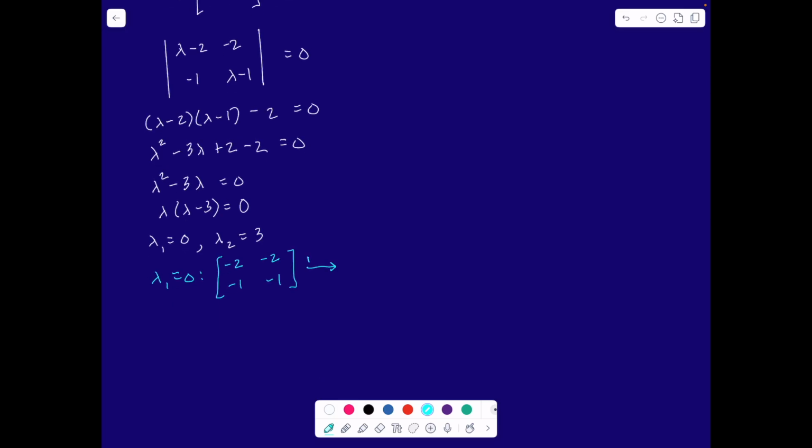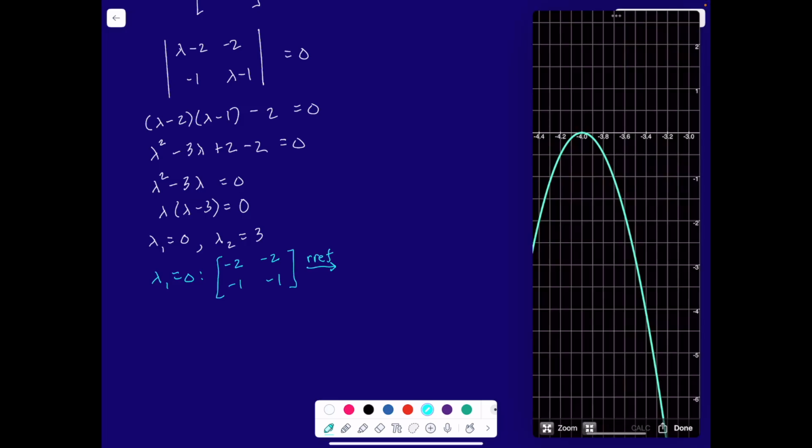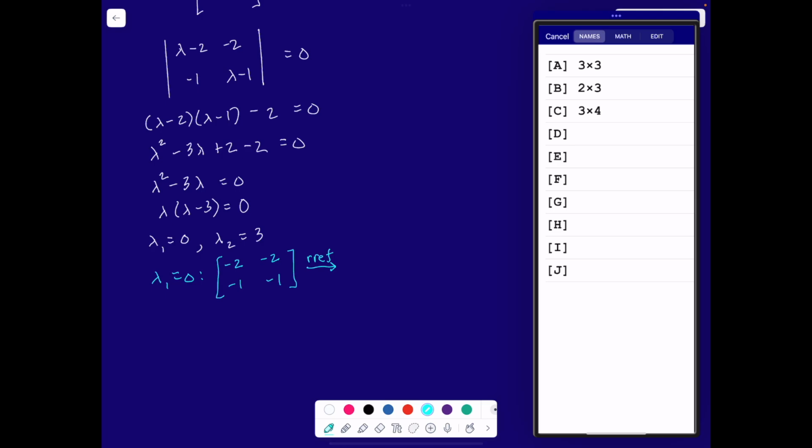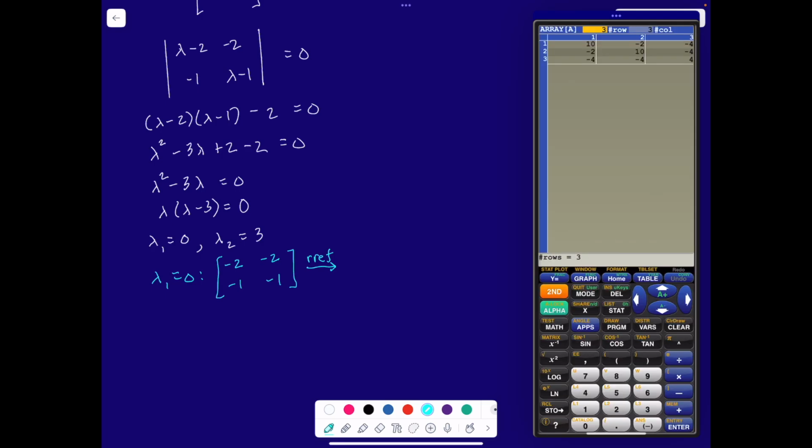And then our REF of this one, just in case you're not familiar with how to do it on the calculator, I'll just do it on here. It's pretty easy to row reduce. We go to second matrix, edit, and I'll edit matrix A. We have a 2 by 2, and then we have -2, -2, -1, -1.